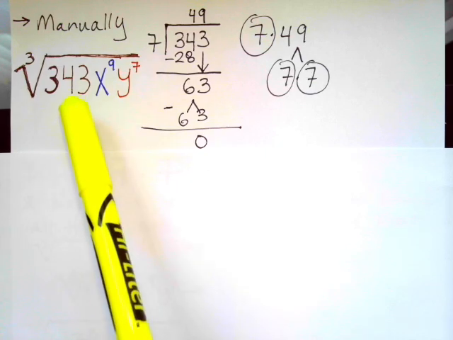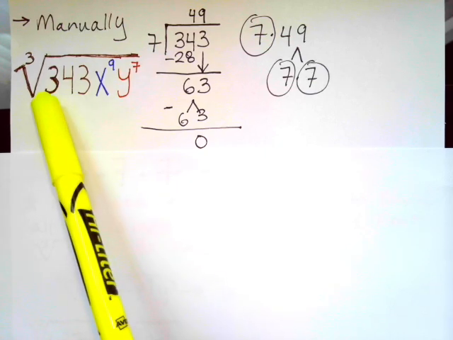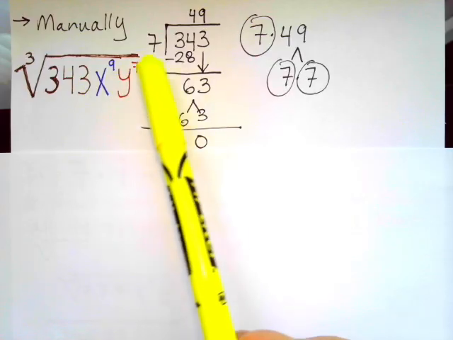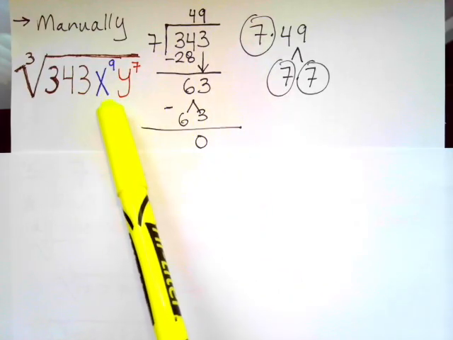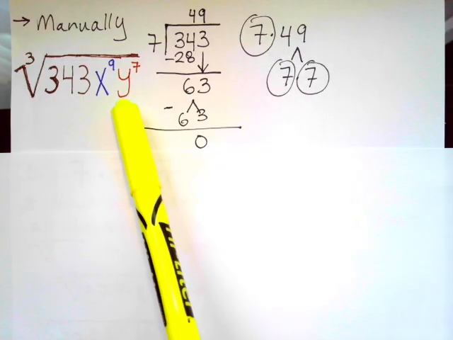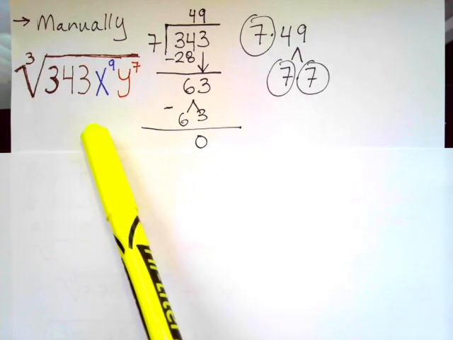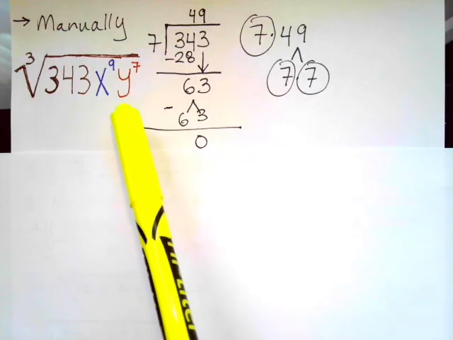So I'm going to take that 343 and break it down manually. Later in the video, I'll also show you how to break down the x to the 9th and y to the 7th variable exponential powers.